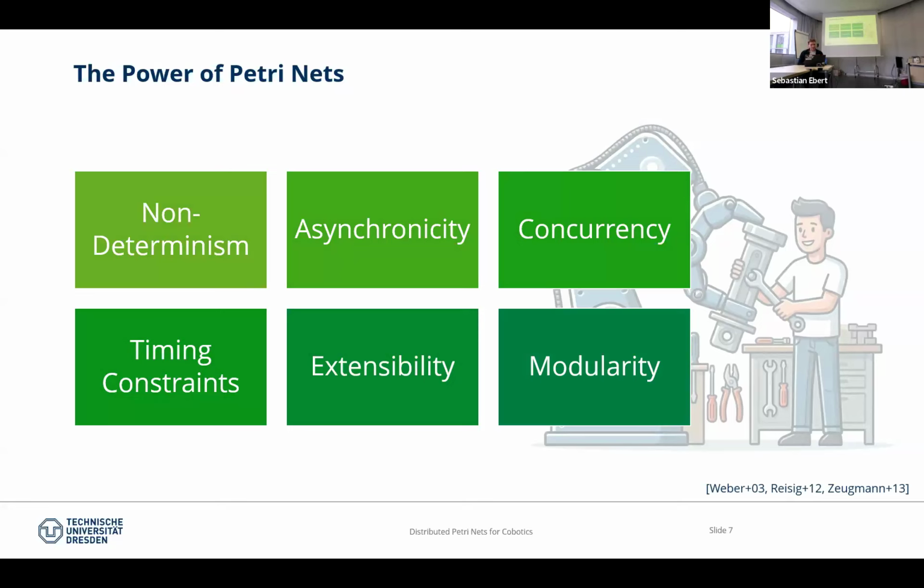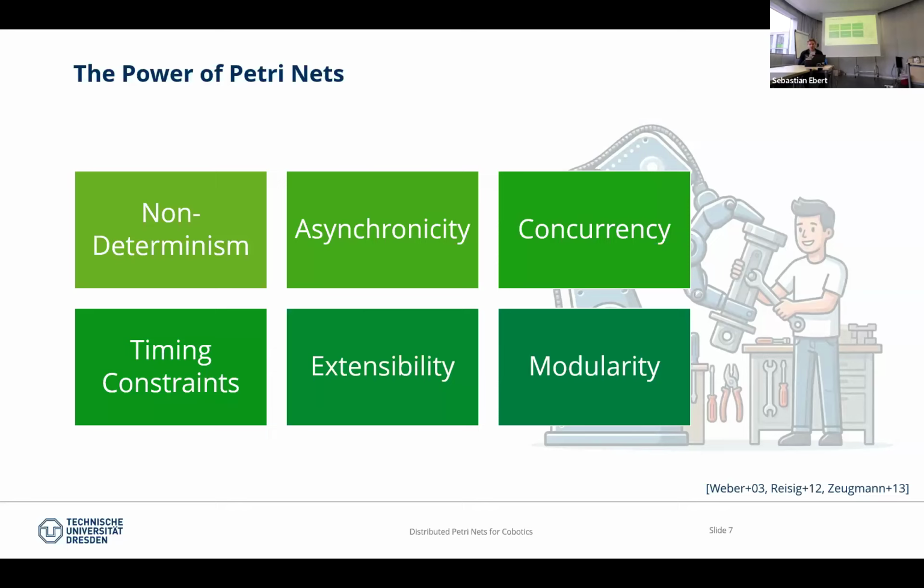But based on this extensibility, we can grab out what we need and build our own formalism which suits our needs. And based on these extensions, when I look at them, they are also modular.